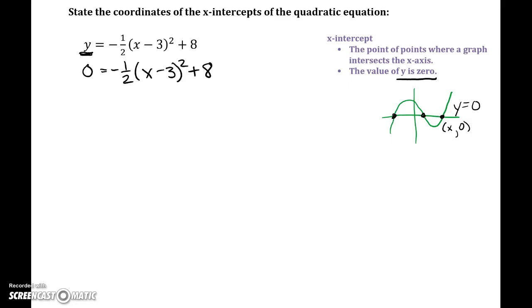Now, sometimes students have trouble figuring out, what do I do first when I'm solving an equation for a variable? In this case, we need to solve for x. Well, a nice little trick we have is our friend PEMDAS. Normally when we're using PEMDAS, we're simplifying equations, so we start at the top and work our way down.